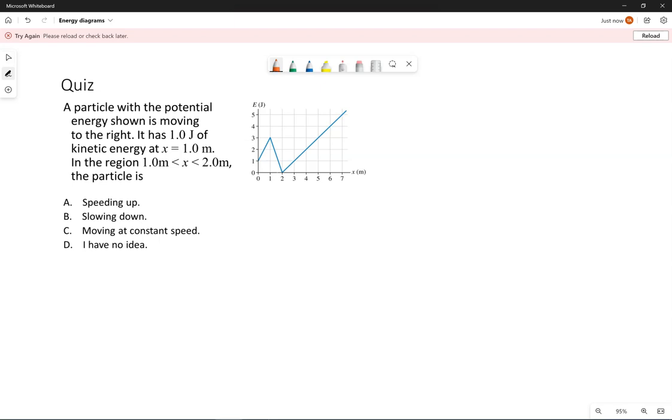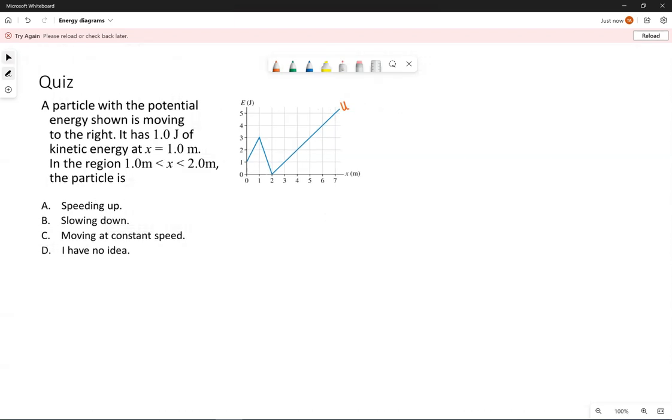So it's telling us that this jagged line is representing not gravity per se, but potential energy. They tell us this particle has 1 joule of kinetic energy at x equals 1 meter.